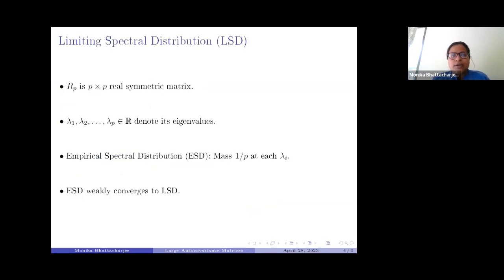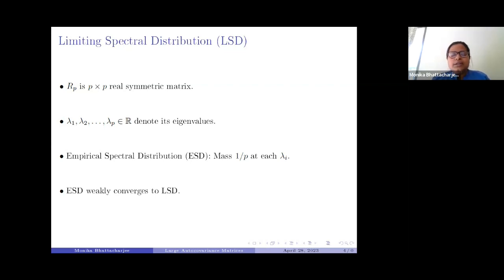Okay, so now I will define what is limiting spectral distribution. Suppose R_p is a p cross p real symmetric matrix. So it is real symmetric, so all its eigenvalues have to be real. Suppose lambda 1, lambda 2 up to lambda p are all the eigenvalues of R_p. Then the empirical spectral distribution is nothing but a discrete probability distribution which puts mass 1 by p at each of its eigenvalues.